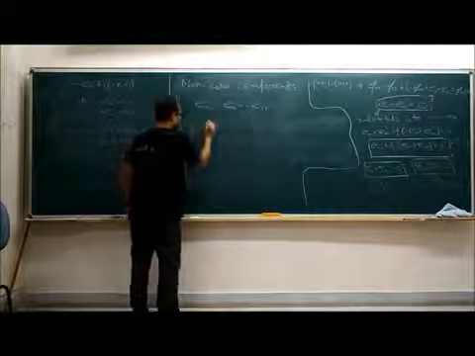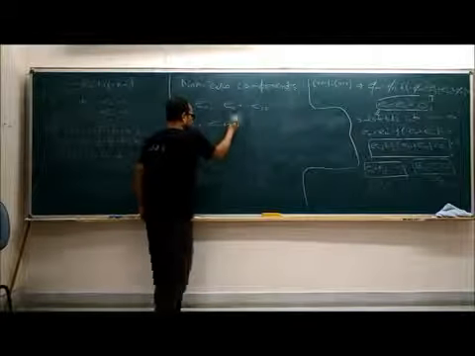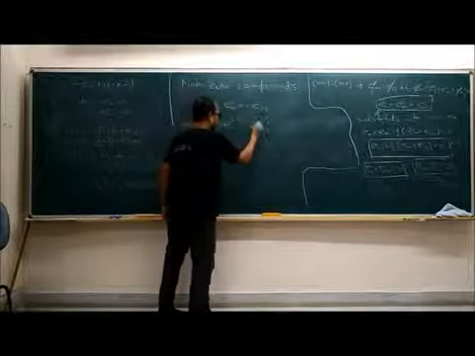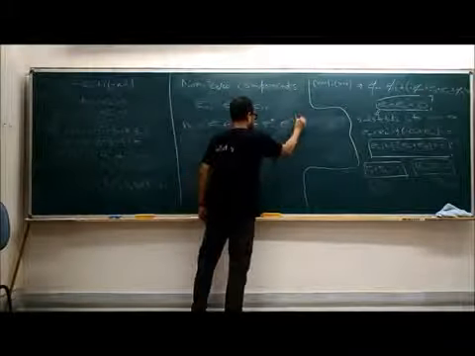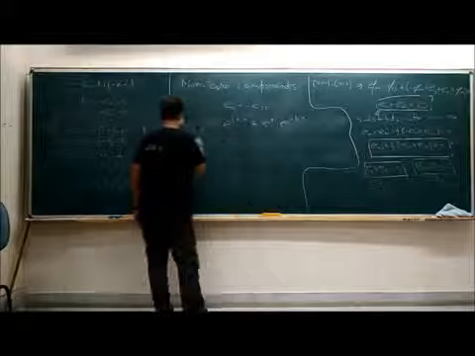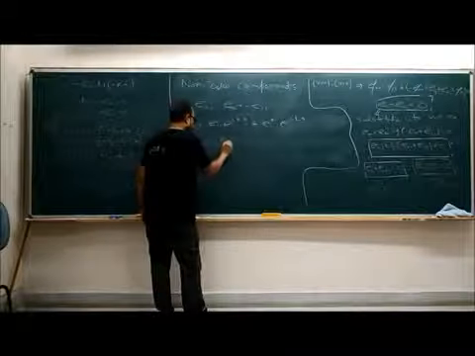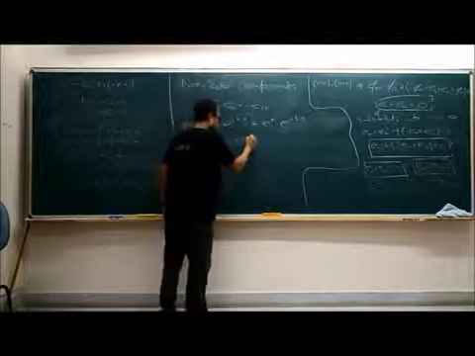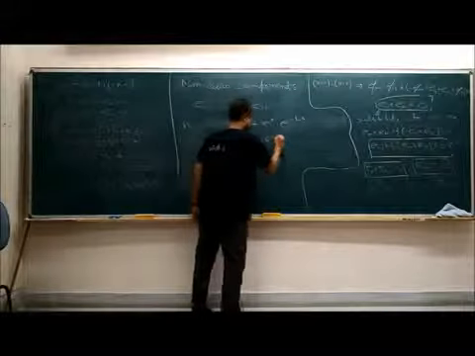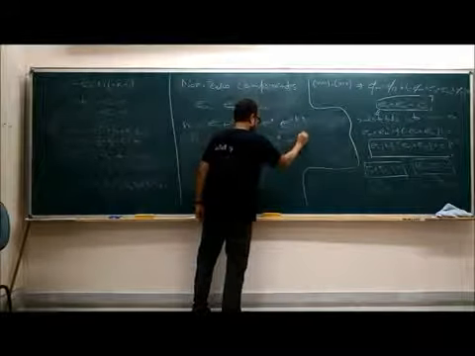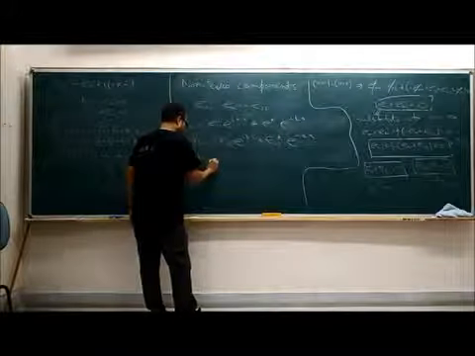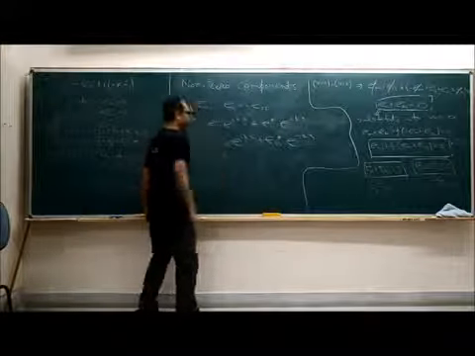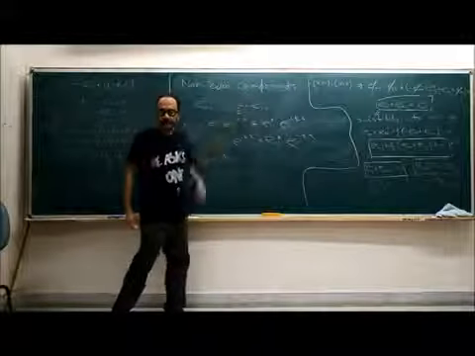H11 will be E11 e to the ik dot x plus E11 star e to the minus ik dot x, if you want things to be real. Similarly H12 will be E12 e to the ik dot x plus E12 star e to the minus ik dot x. And H22 of course is just minus H11 because of this relation.